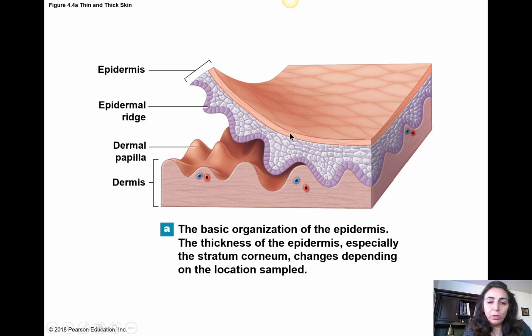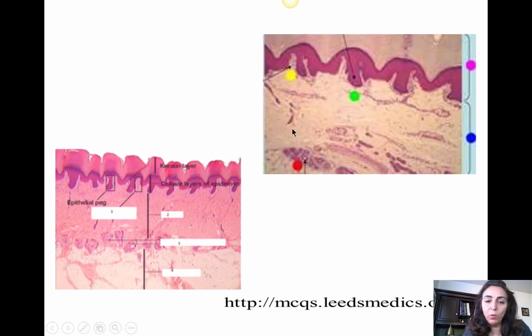Now, this is just the same picture that we had, and you see here that the surface of the skin is flat, like most skin that you have over the body. This picture has been taken from a part like the fingertips, where you have some ridges over the surface of the skin.